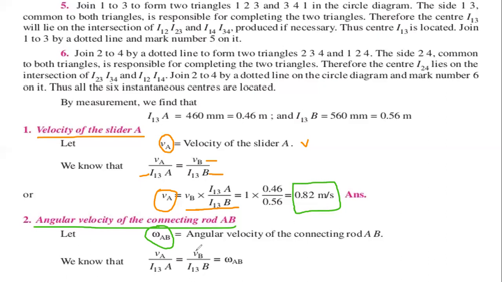By substituting that, we have got the angular velocity of AB.